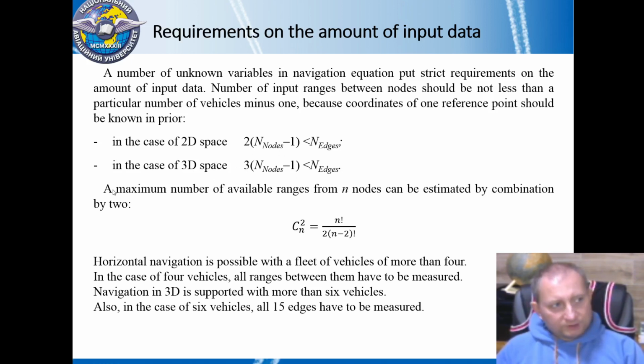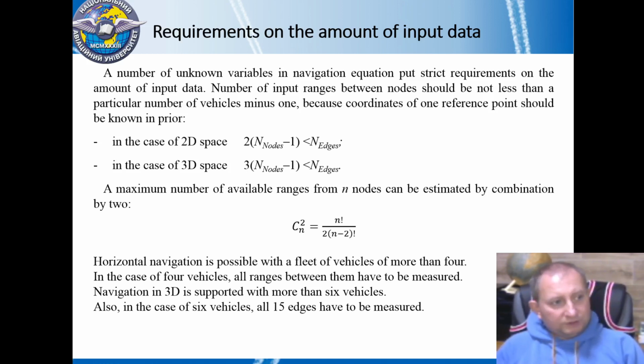The maximum number of variable ranges from n nodes can be estimated by combination by 2. This is simple combinatorics to get the maximum number of edges available in a particular network, that is, just the number of combinations by 2.